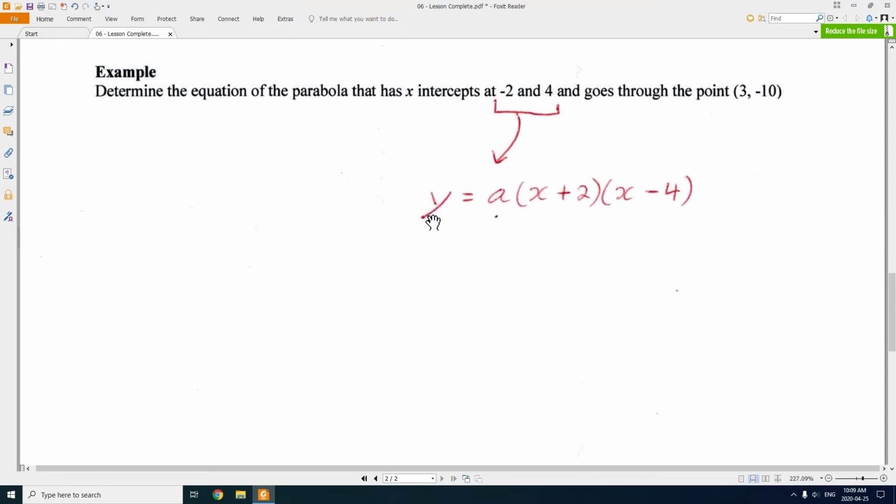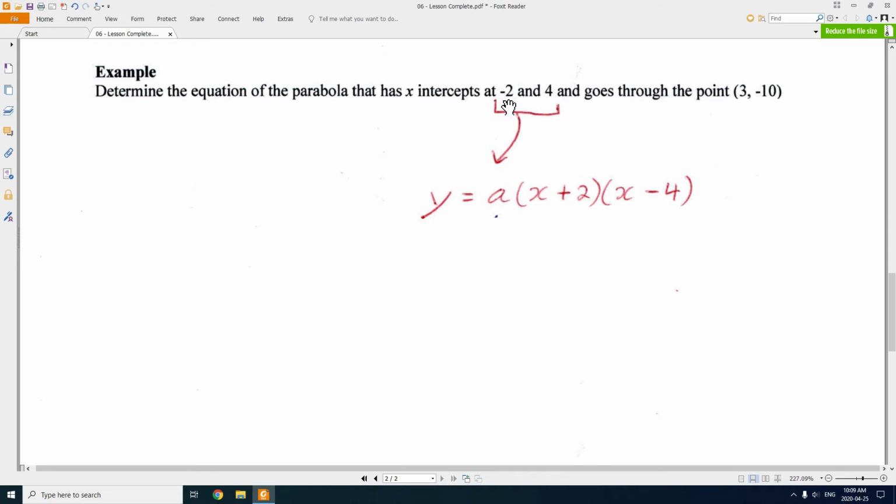So factored form. The x-intercepts have opposite signs in the bracket. If my equation has x plus 2, that gives me an x-intercept of negative 2. And if my equation has x minus 4, it gives an x-intercept of positive 4. Opposite signs.